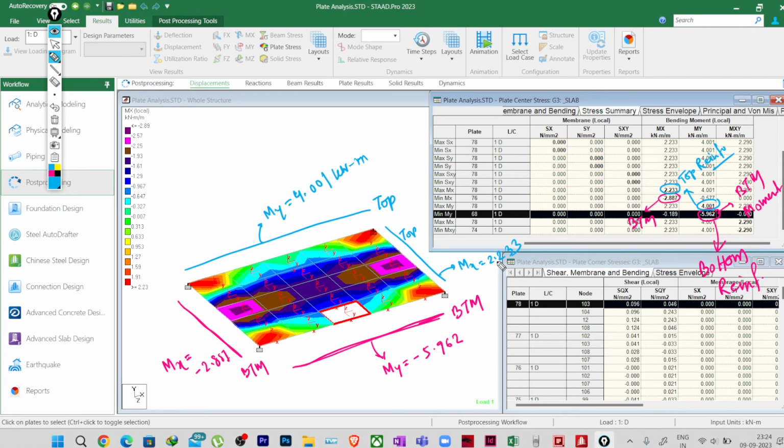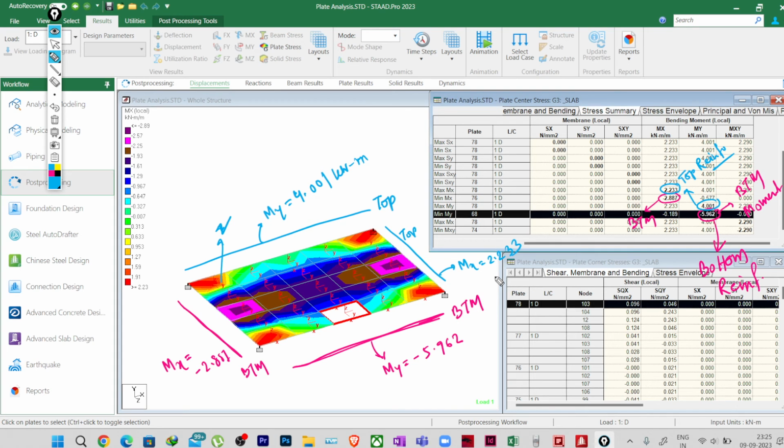Fine. I hope it is clear now how we will be providing reinforcement for a plate or slab or wall, whatever it is. Why? Because Z is up here. Z is this direction. If you see My, you will provide reinforcement along the Y direction for this moment.